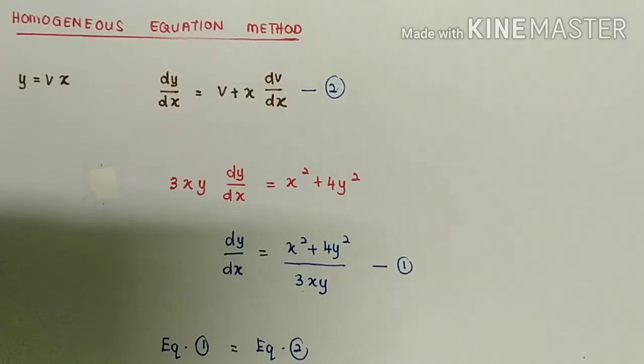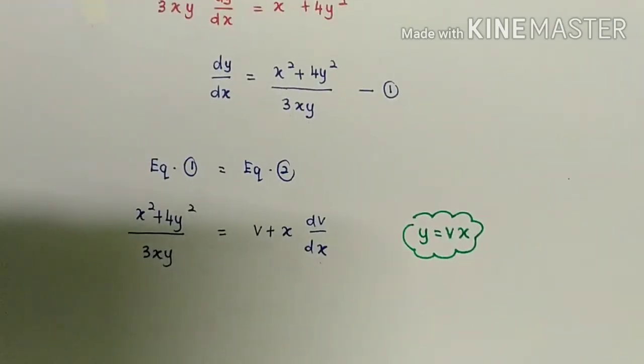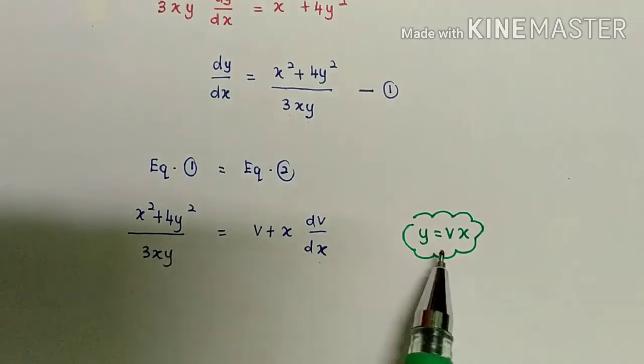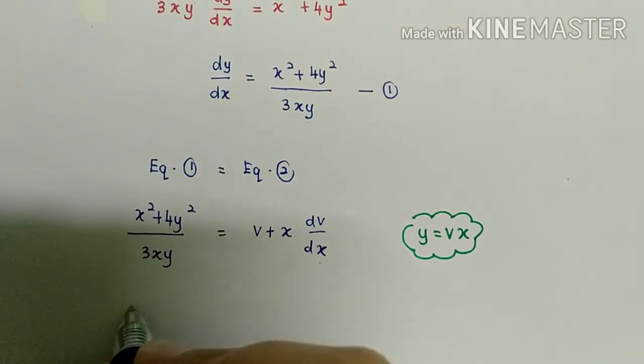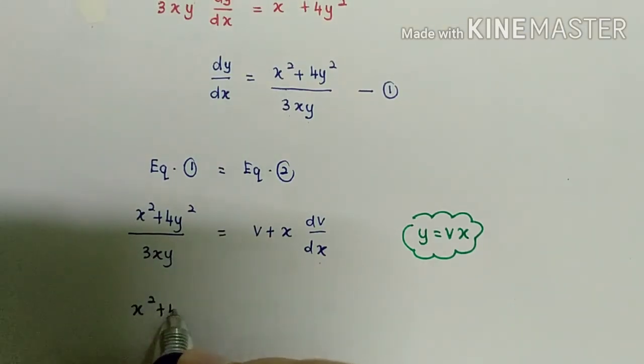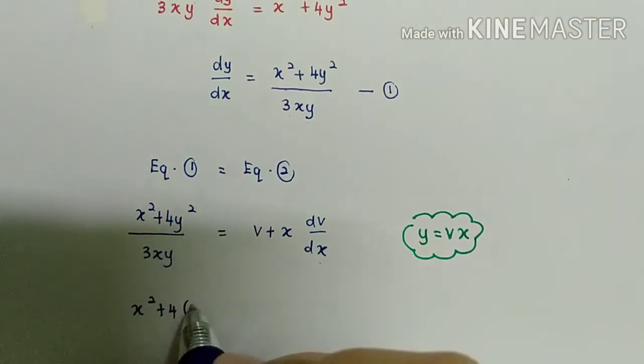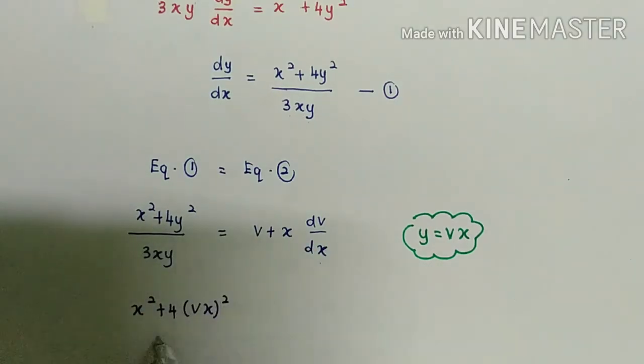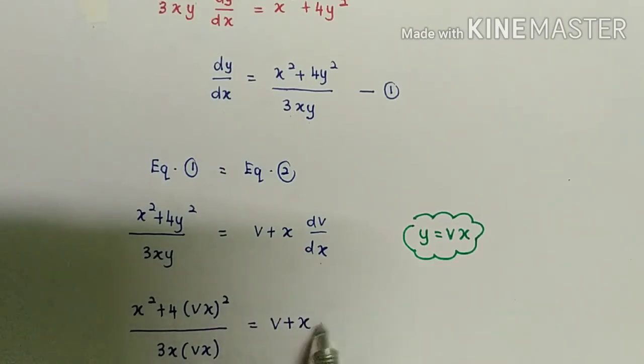So we can substitute y here, y squared and y here, with vx. If we substitute, we get x squared plus 4 times vx squared, divided by 3x times vx, equals v plus x dv/dx.